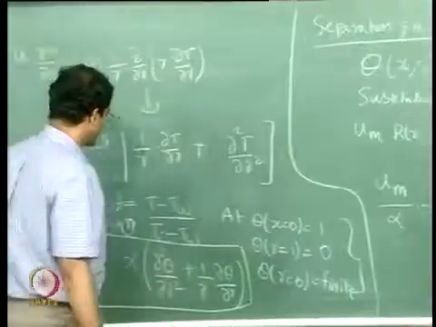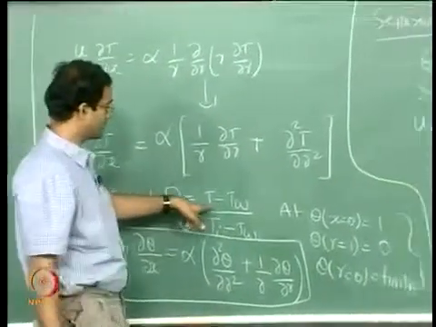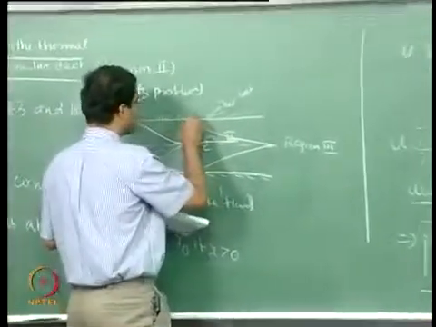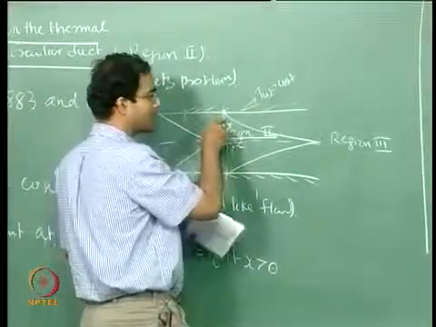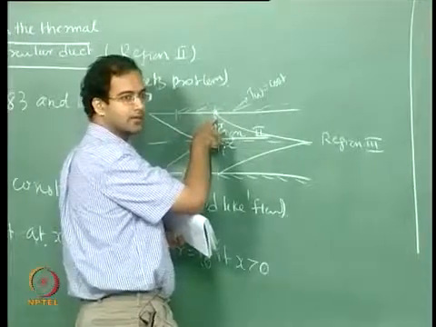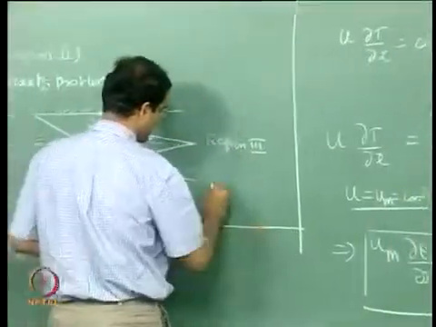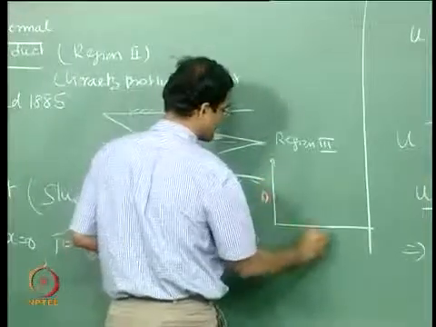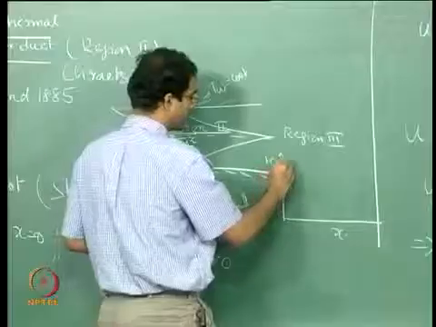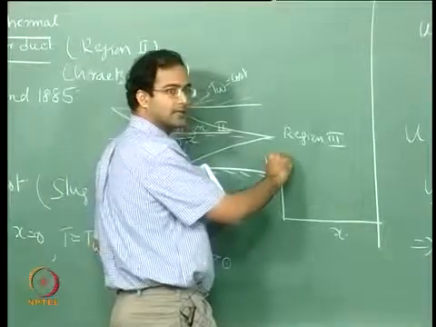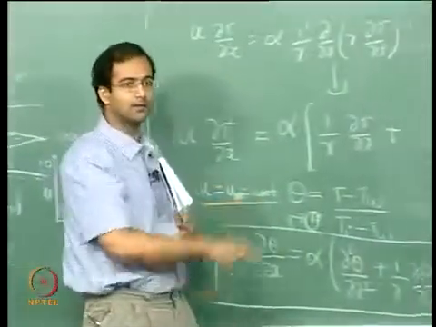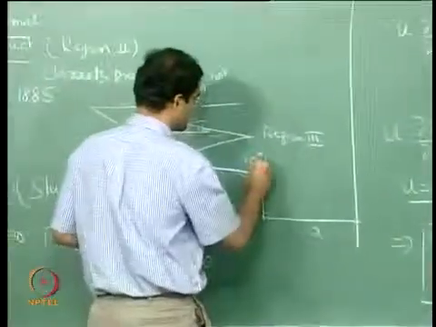If you look at the variation of theta, as you start from this point, your T will be equal to Ti, and that will be 1, so your theta will be 1. If you plot the variation of theta with respect to x, it starts from 1 and has to decrease till it reaches the value of T wall, where it becomes 0.